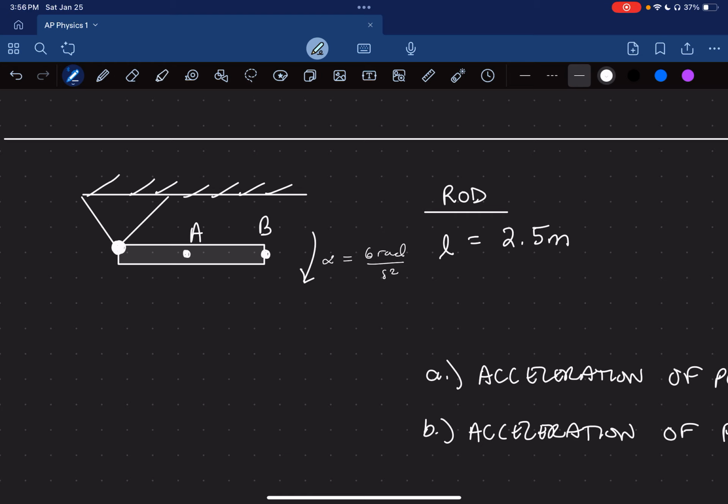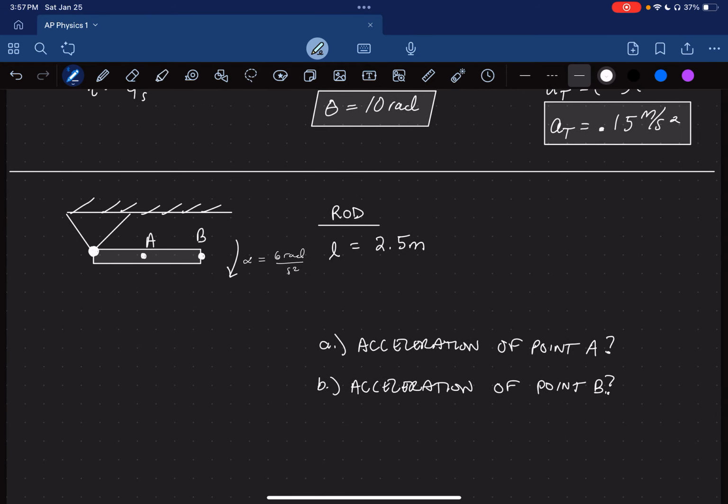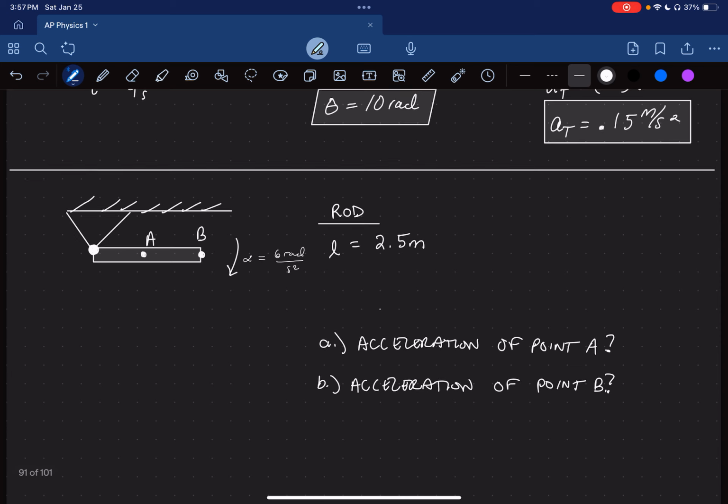Okay, so there's the end of the rod, and then there's the middle of the rod, which is B and then A. We want to know what is the acceleration of point A and what is the acceleration of point B. And we're not asking about angular acceleration because we already know what that is.